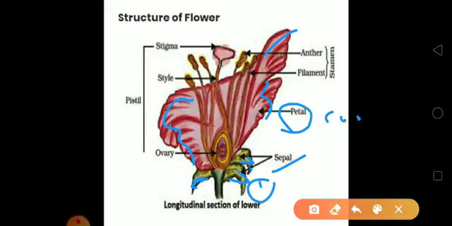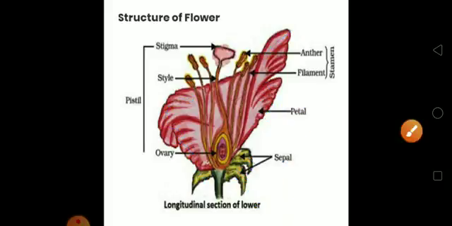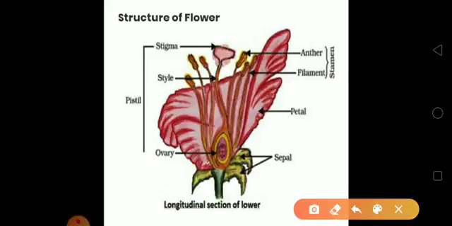The third one is androecium. It is the collection of stamens, the male reproductive organ of the flower. Each stamen consists of anther and filament.